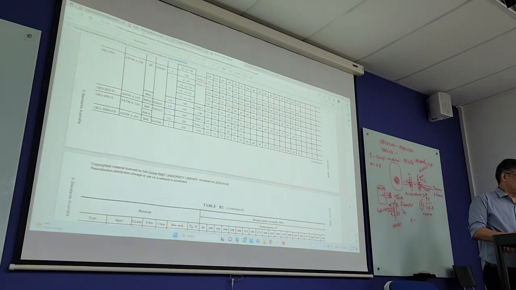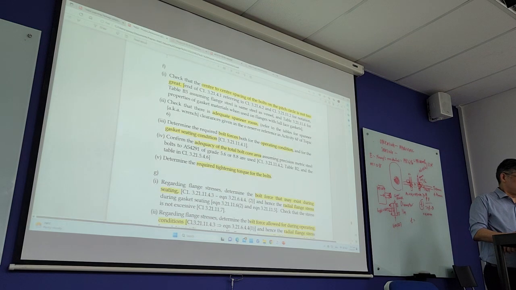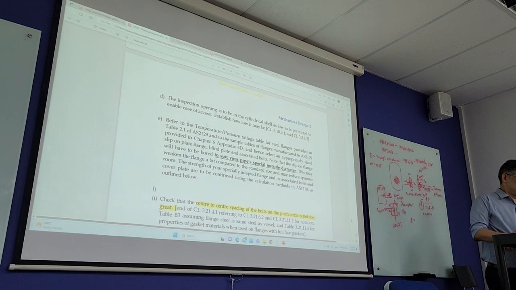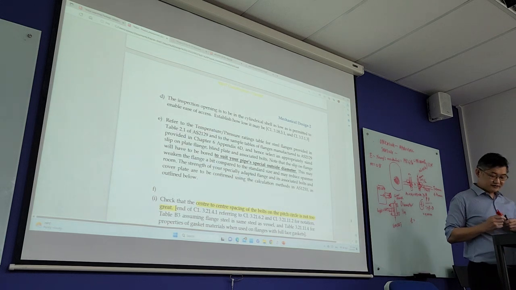Now what I want to find is where to find the bolt. Determine the required bolt force for this. Okay, so I need to go to this AS2129.